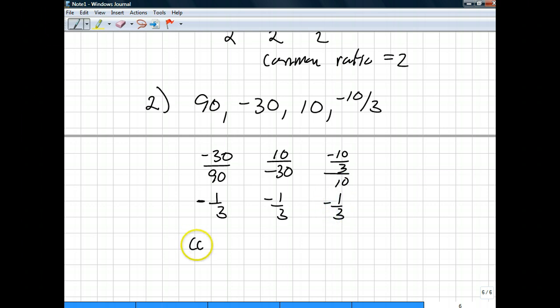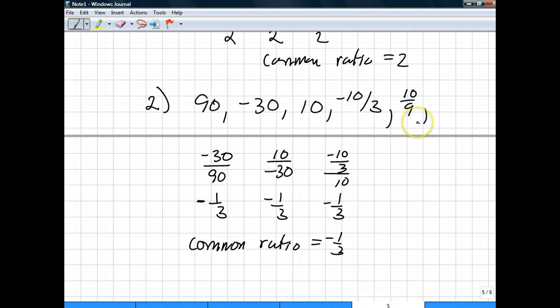So the common ratio equals negative 1/3. To find the next one, I multiply negative 10 thirds times negative 1/3, which gives me a positive 10 ninths. Then I multiply that by negative 1/3, which gives me a negative 10 over 27. So those are the next two terms in the sequence.